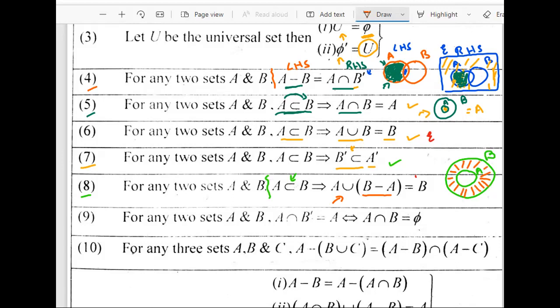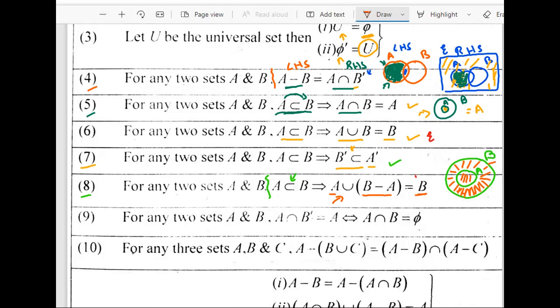Would I get this for B minus A, the orange region? Yes. Okay. And A union this, what is A? A is this part. So if I unite all of this, I'm getting B, right? So this is how we prove this.